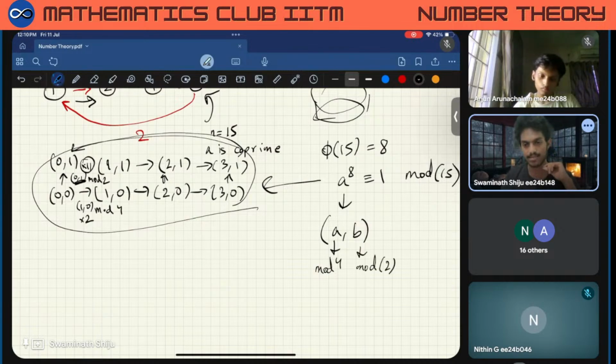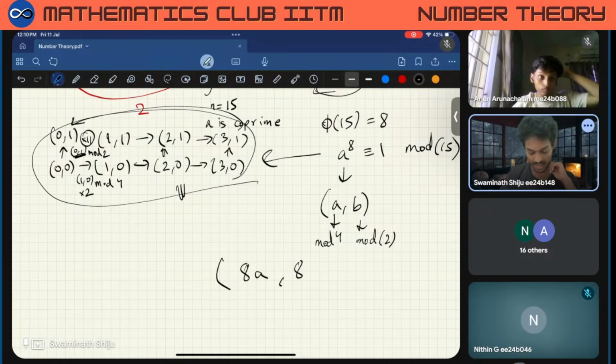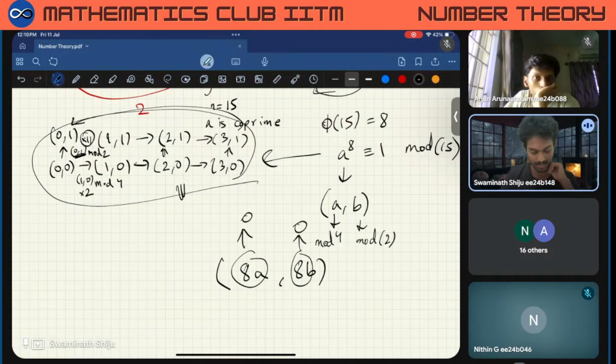Multiplication here, in this analogy, is just addition. So adding will give you 8A, 8B, right? Normal vector addition. 0, 0 corresponds to 1.